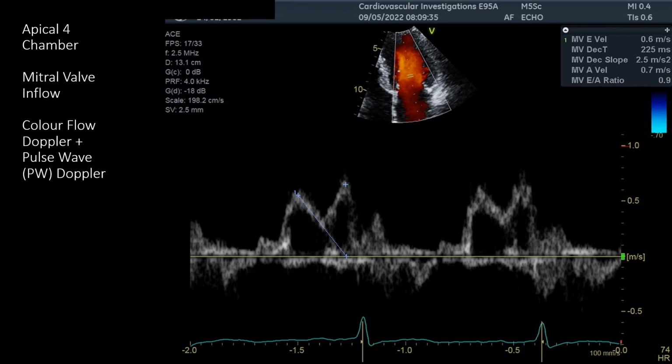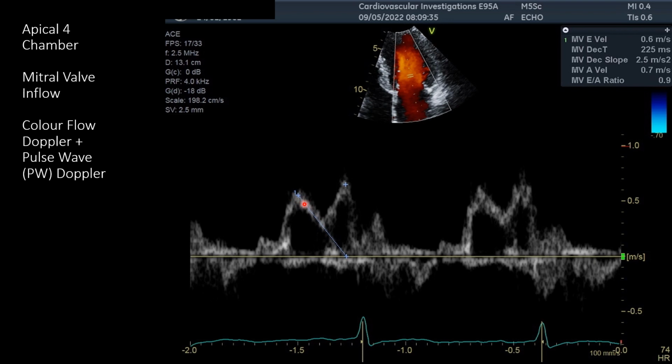This is now looking at mitral inflow using pulse wave Doppler as part of the assessment of diastolic function. So a pulse wave gate is set up at the tips of the mitral valve, and we're interested in the flows into the ventricle, particularly during ventricular diastole.